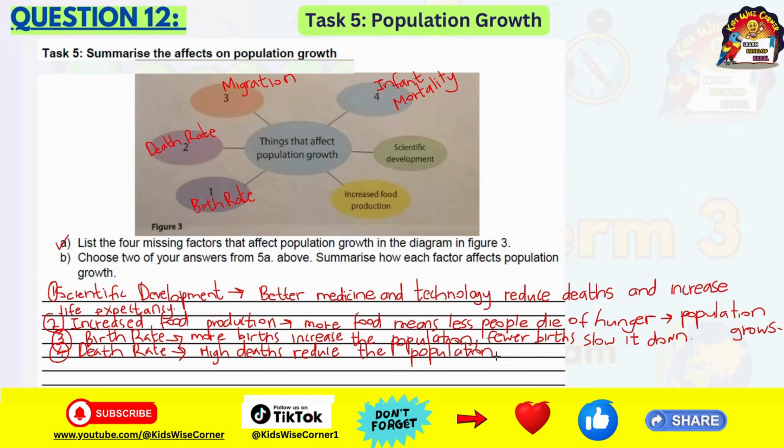So low deaths increase it. Next, we're talking about migration. With migration, immigration adds people. And emigration reduces people.